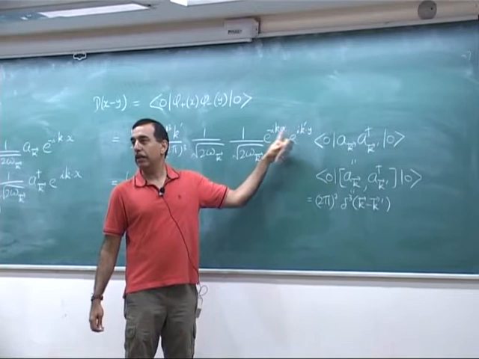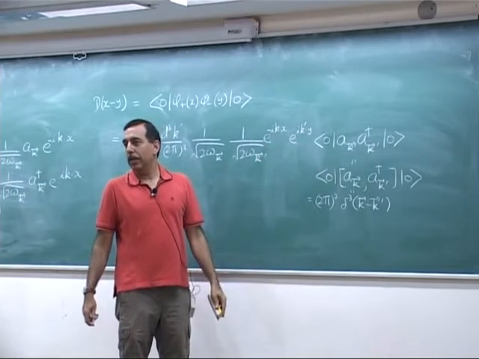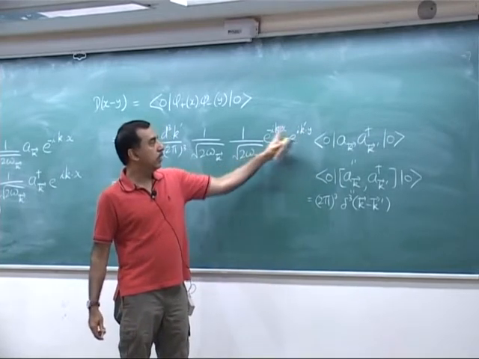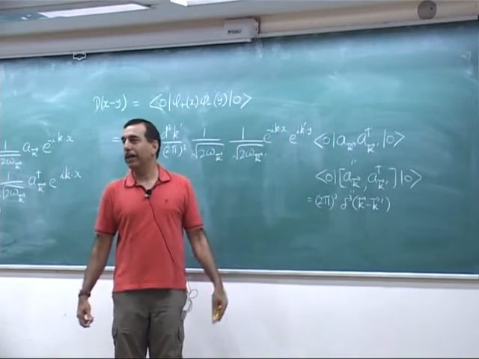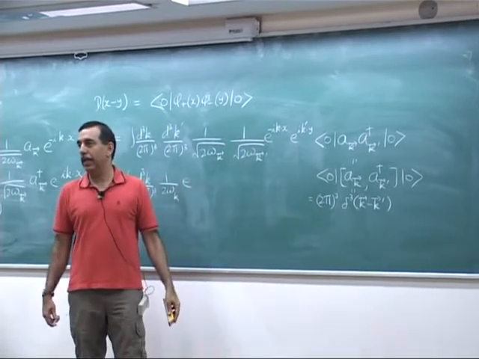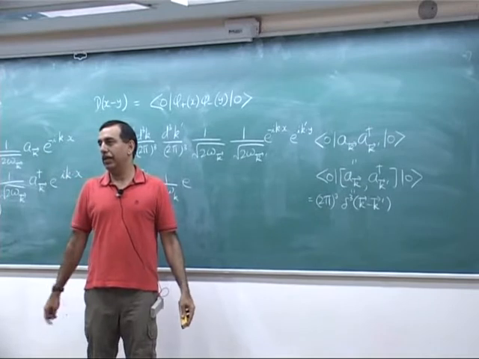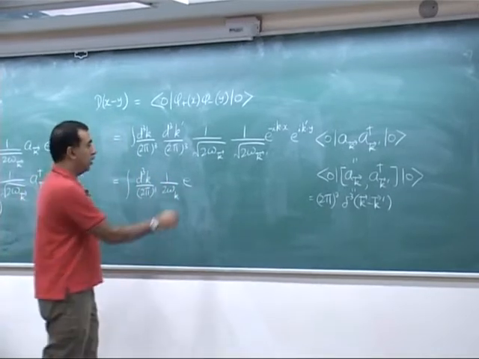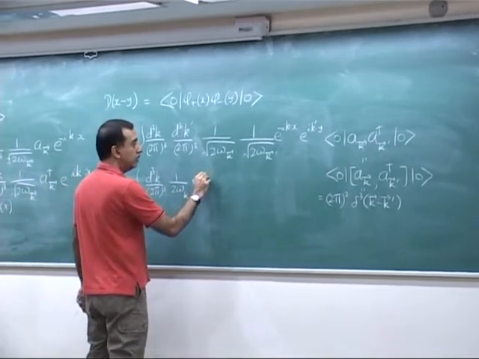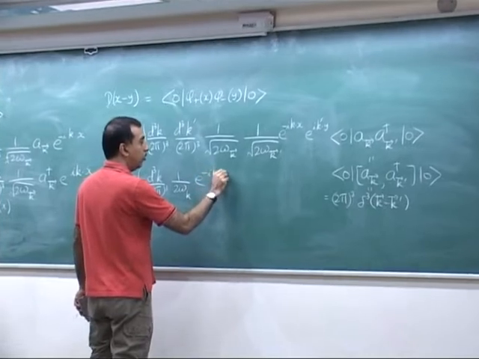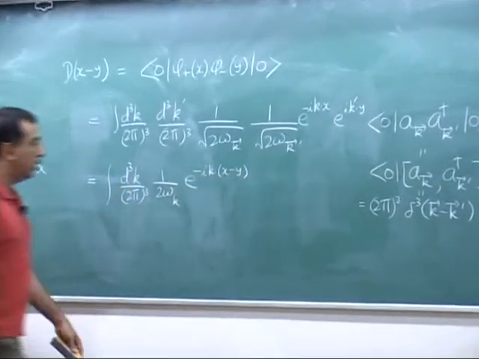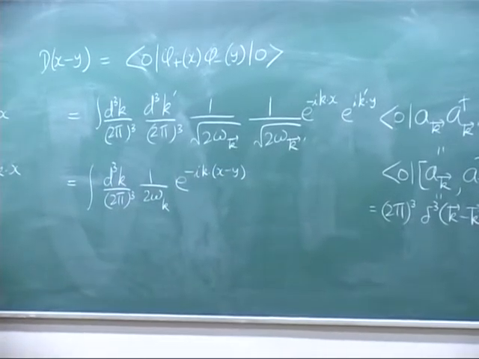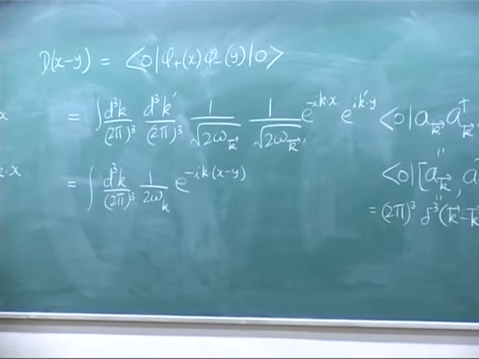So also the k0 part becomes equal, because k0 in each of these is defined to be the corresponding omega_k. So if the 3-vectors k are equal, then the omega_k's are also equal. So I can write this as e to the minus ik dot (x minus y), and that's the end of it. So it's that simple. This is D(x minus y).